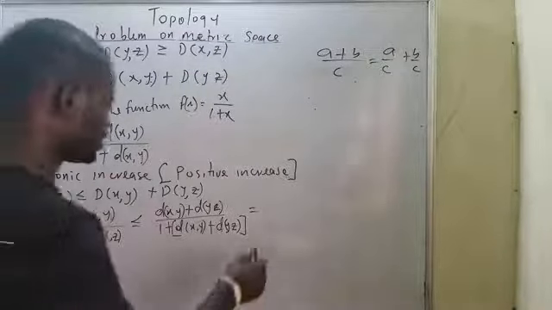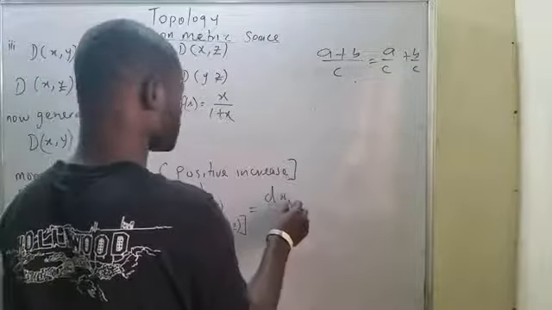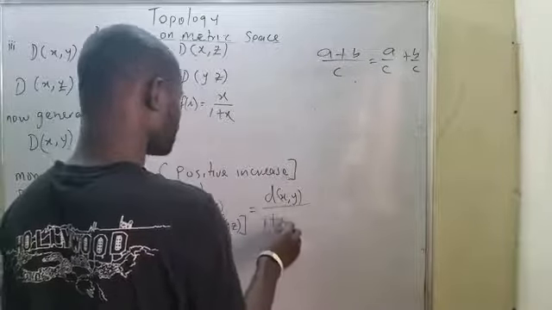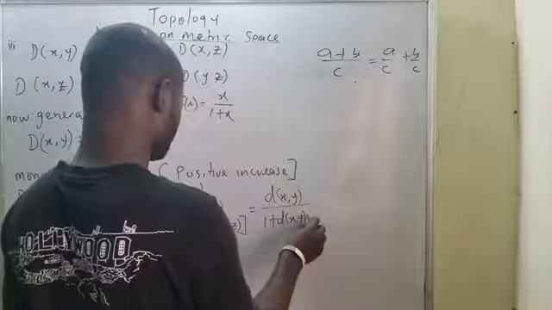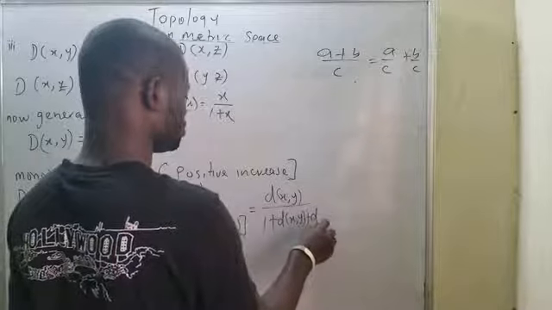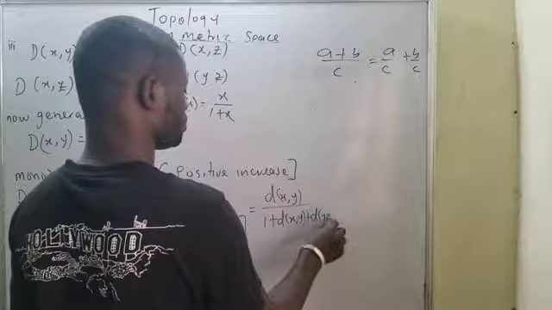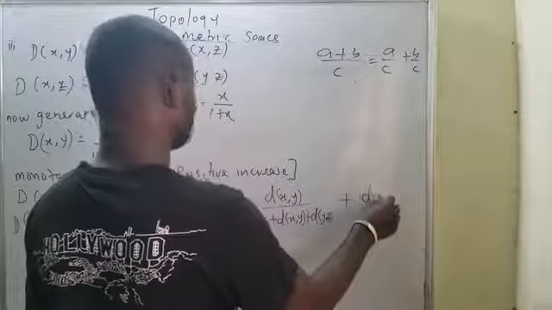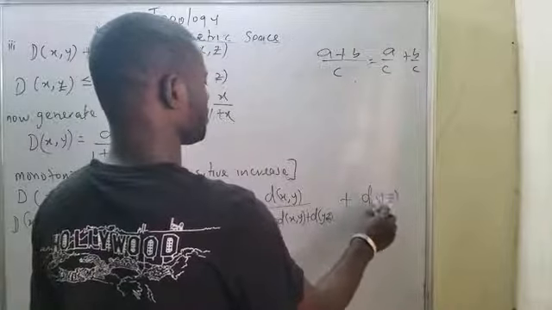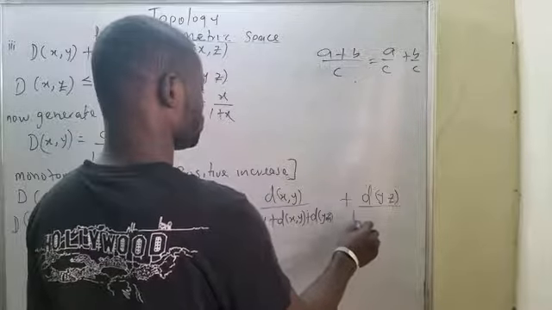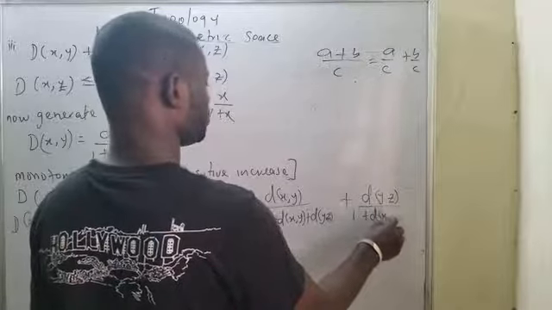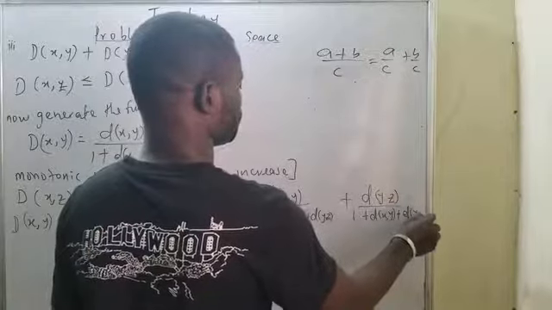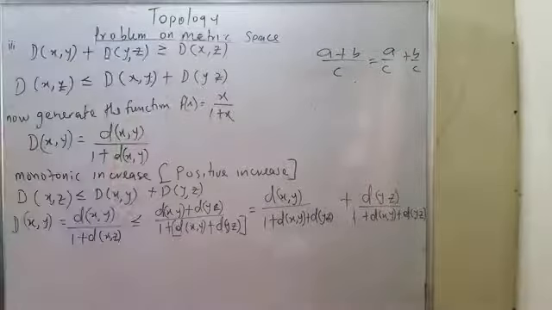It means I can turn this by having d of xy divided by 1 plus d of xy plus d of yz divided by 1 plus d of xy plus d of yz. That is what I'm trying to do there.